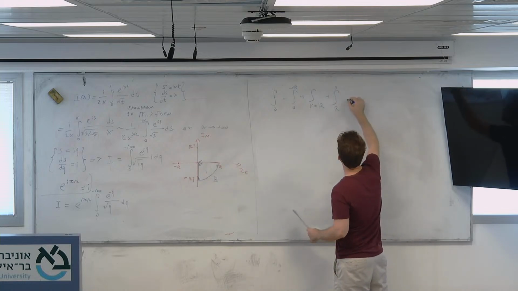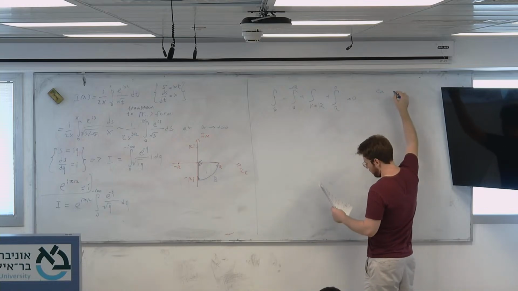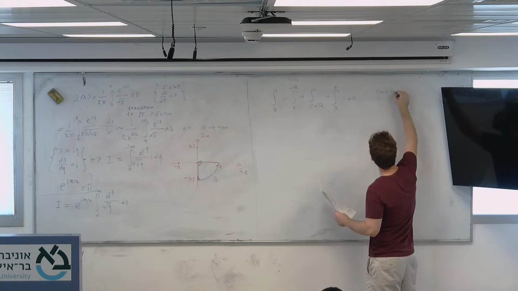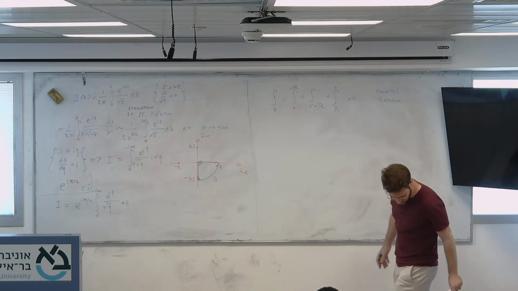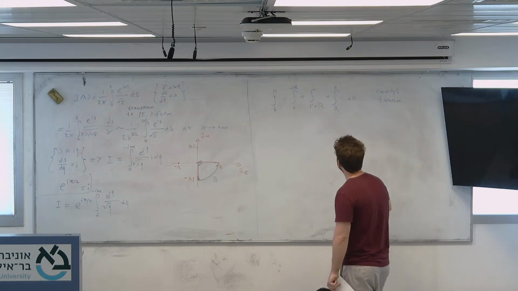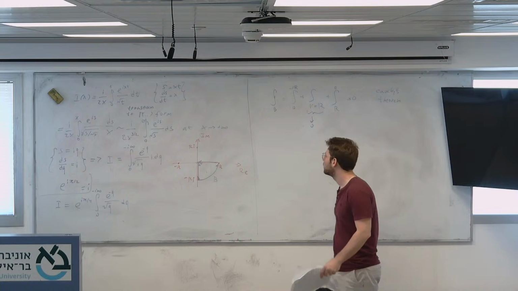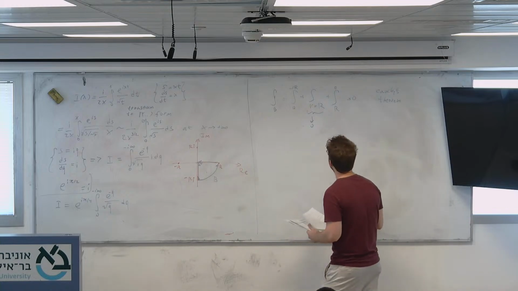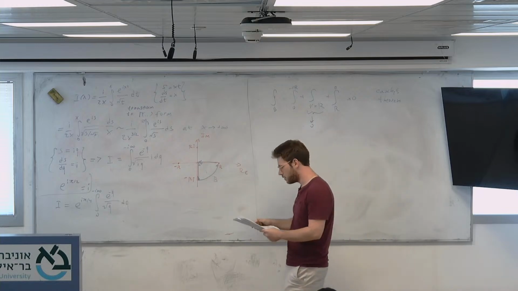And this should be 0. Just call Cauchy's theorem. Oh, okay. So we want to show that this actually goes to 0. And then we'll just have that this equals this, and then it's pretty easy, right?